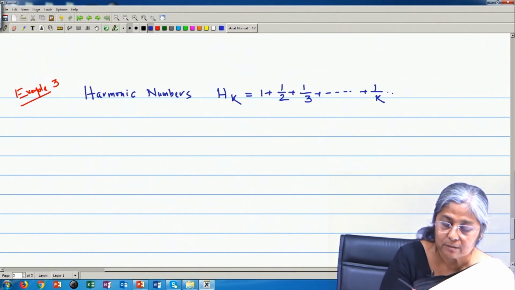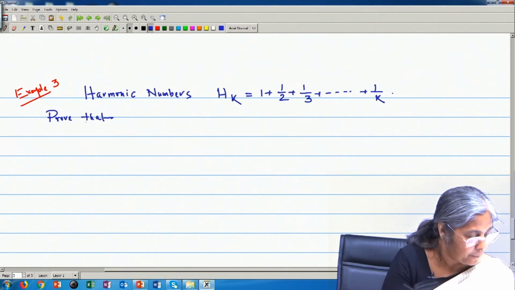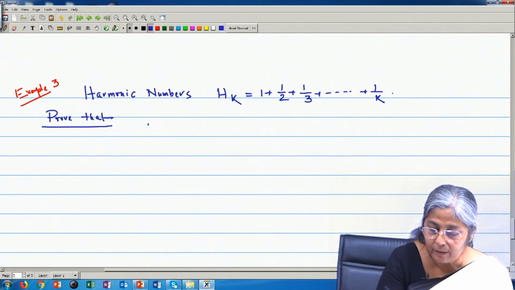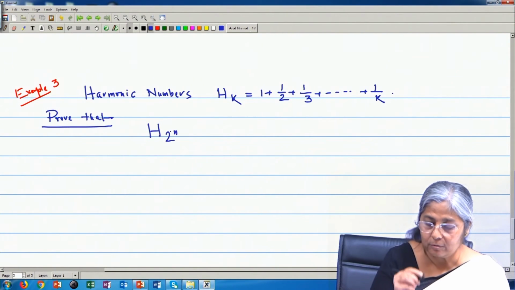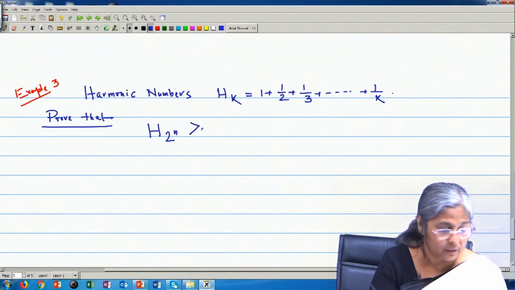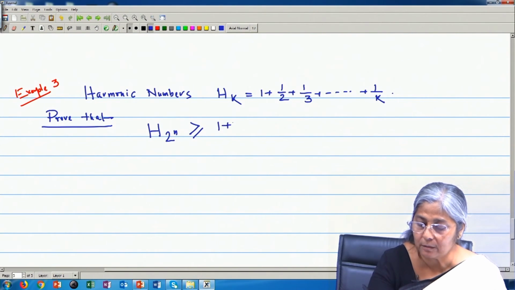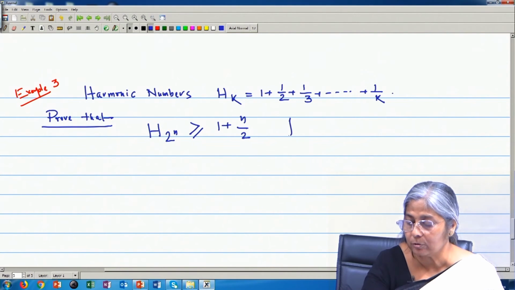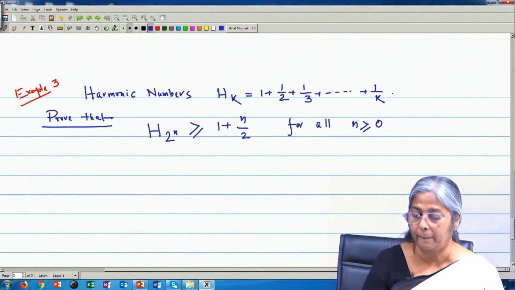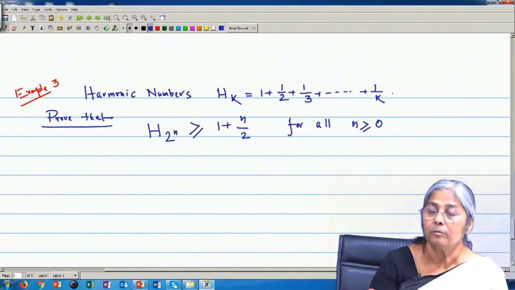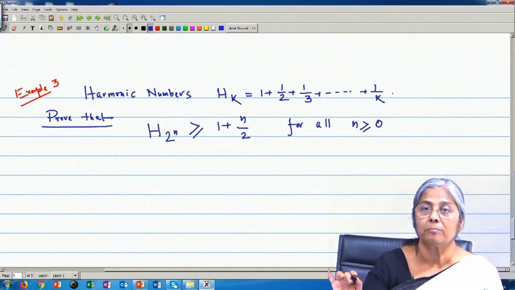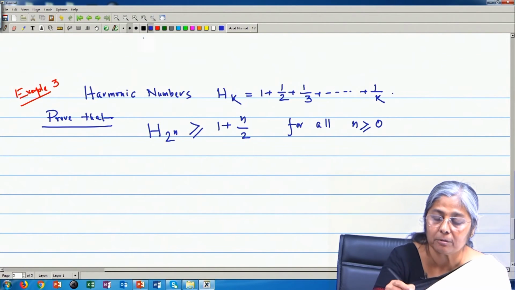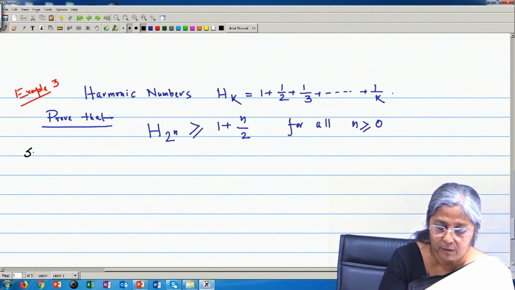Now, one is we can prove that H 2 to the power n is greater than or equal to 1 plus n by 2 for all n greater than or equal to 0. Here we directly apply our mathematical induction. So, what is our basis step?